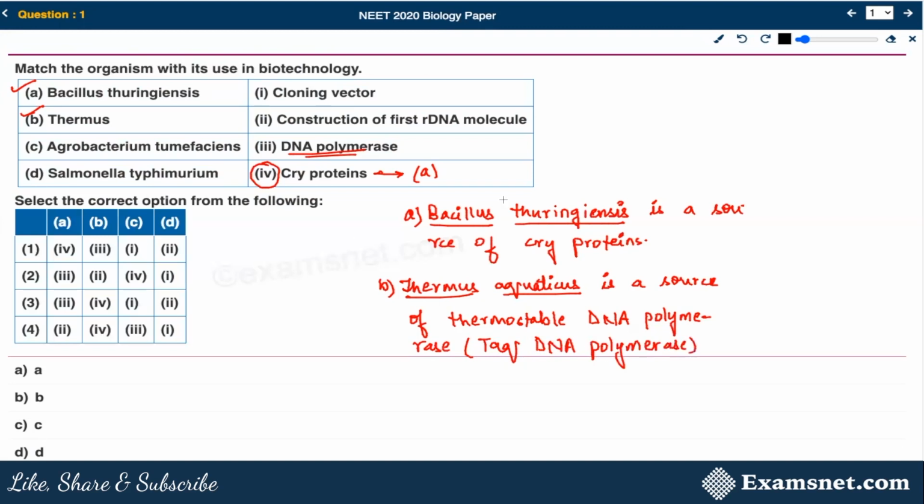Clear? So the option B will lie over here. A will be for the fourth and B will be for the third option.